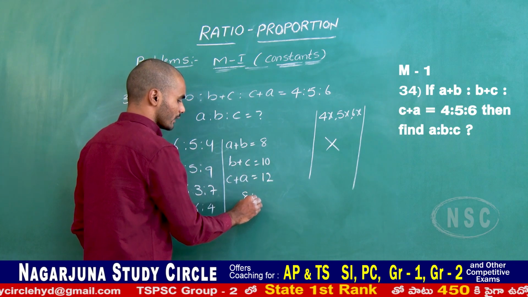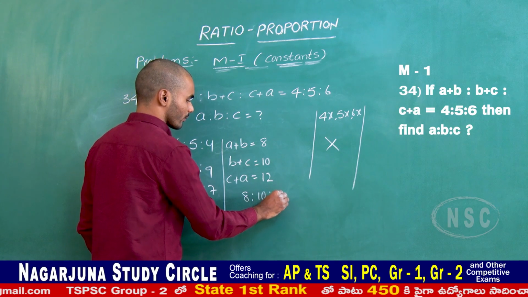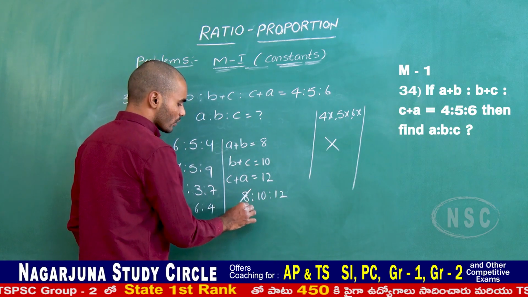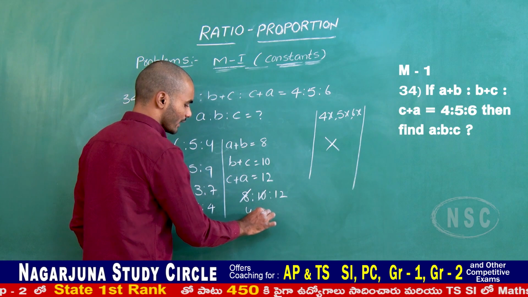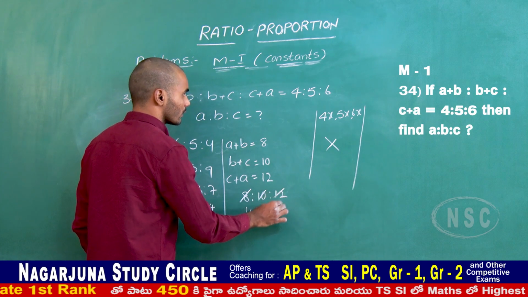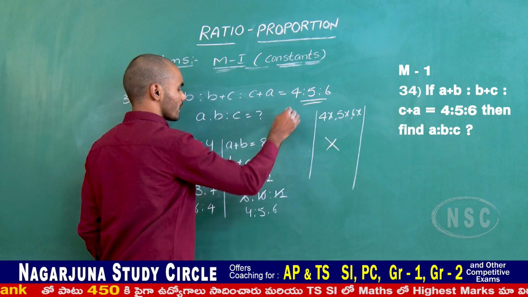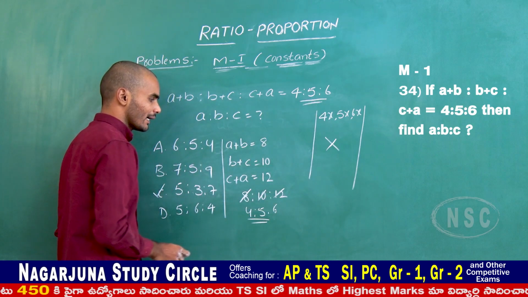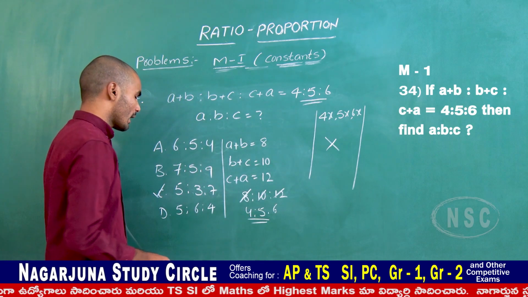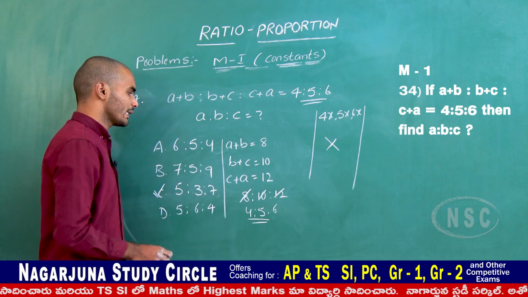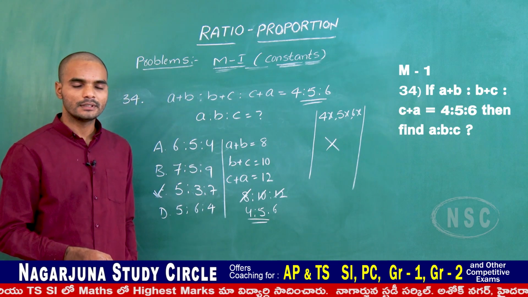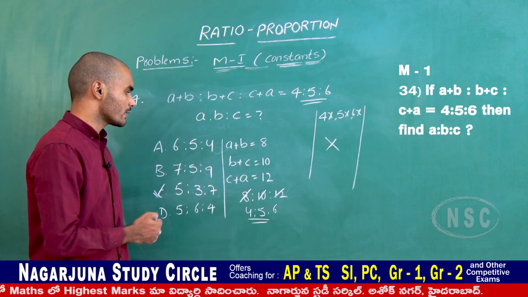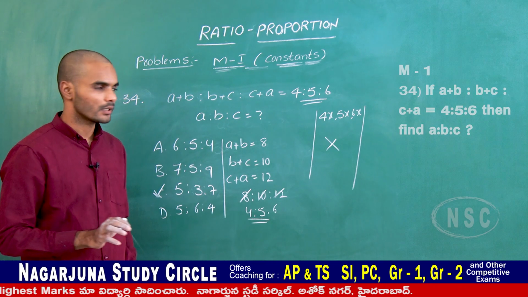Just change into ratio: 2 fours are 8, 2 fives are 10, 2 sixes are 12, so 4 is to 5 is to 6. Condition is satisfied. So the answer is 5 is to 3 is to 7. Just go option wise. Don't go through the process.